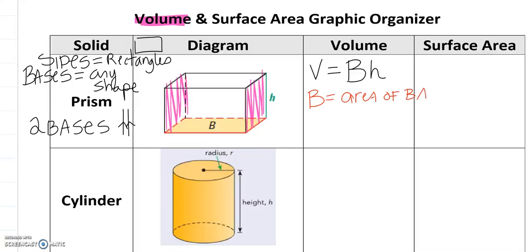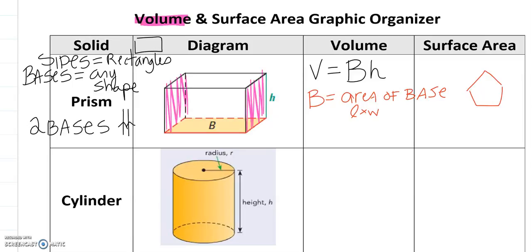So in this case, our base is in the shape of a rectangle, so you could substitute in length times width for your big B. If it was any other regular shape, let's say a regular pentagon, or in this case, what am I going to end up creating? That's a pentagon, certainly not regular, but let's assume that it is.